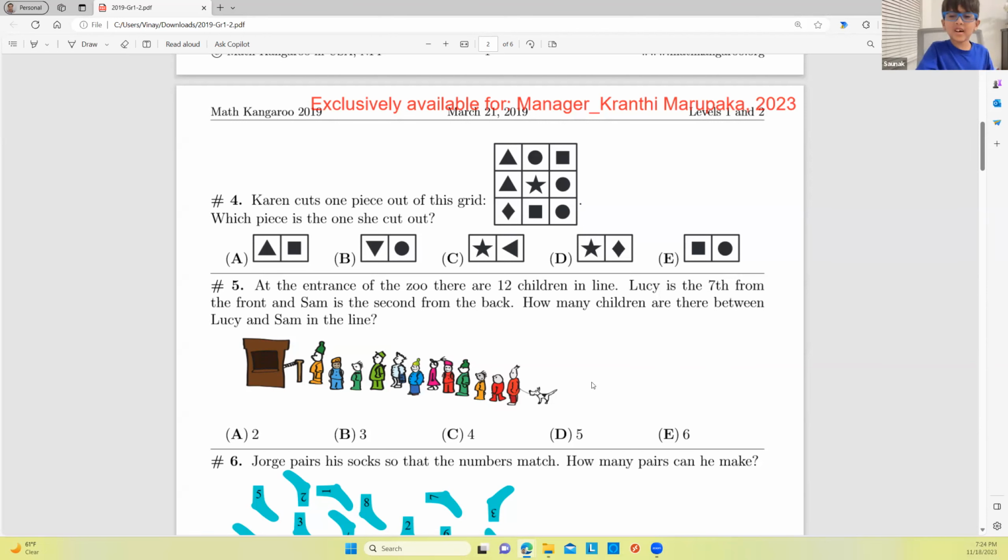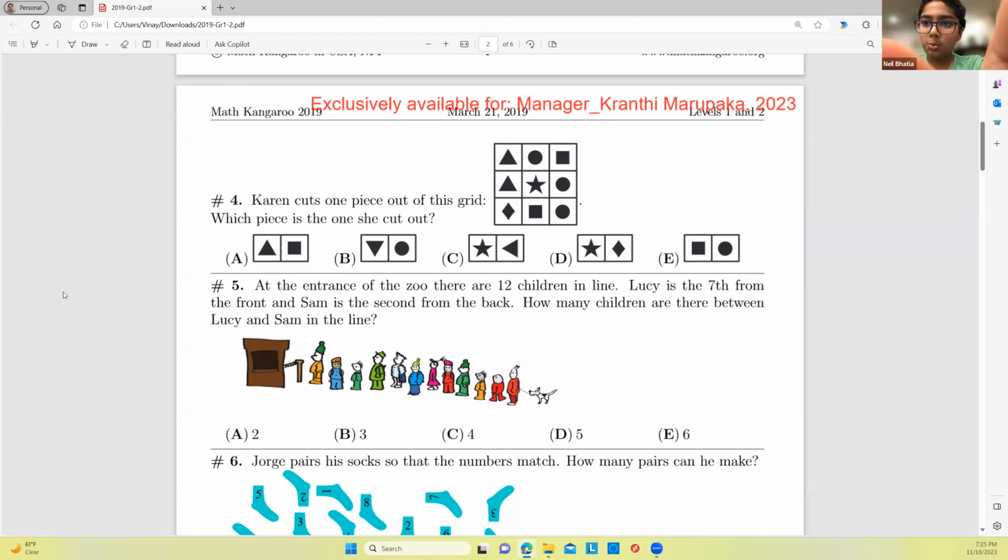Okay, so I think it would be E because if you look, the second and third one is circle square. Just flip it and it will become the same image as E. Okay, good job. That's correct.